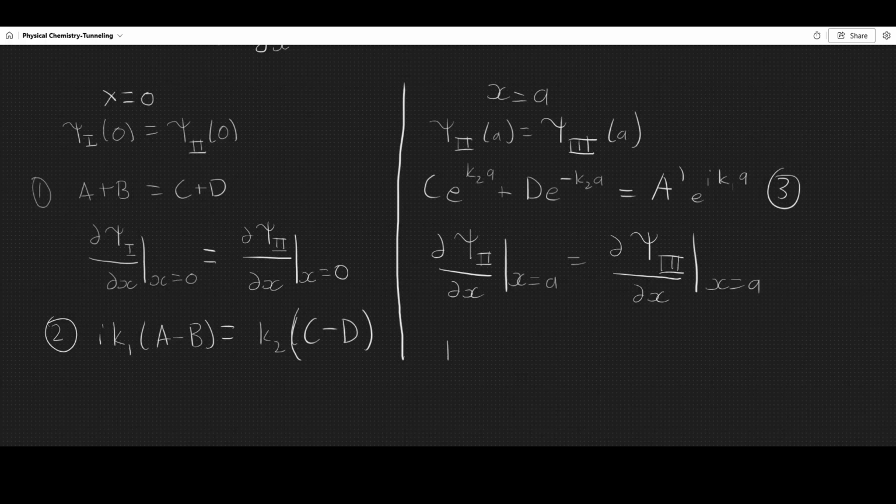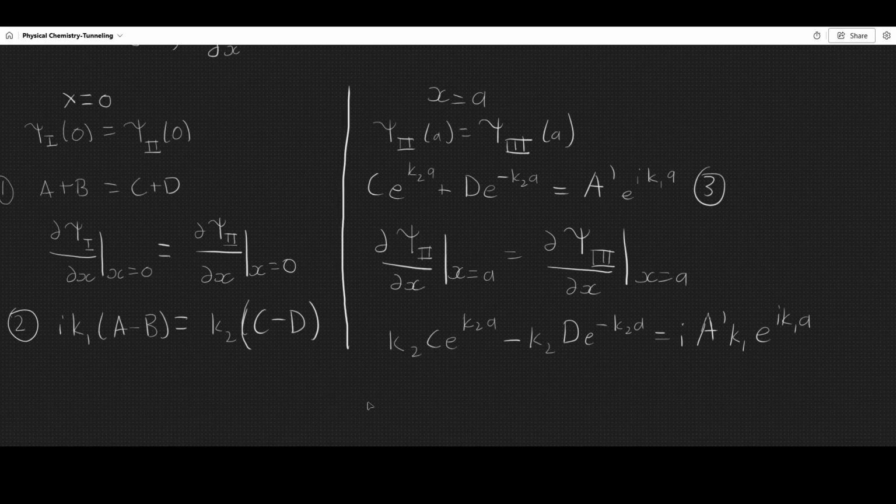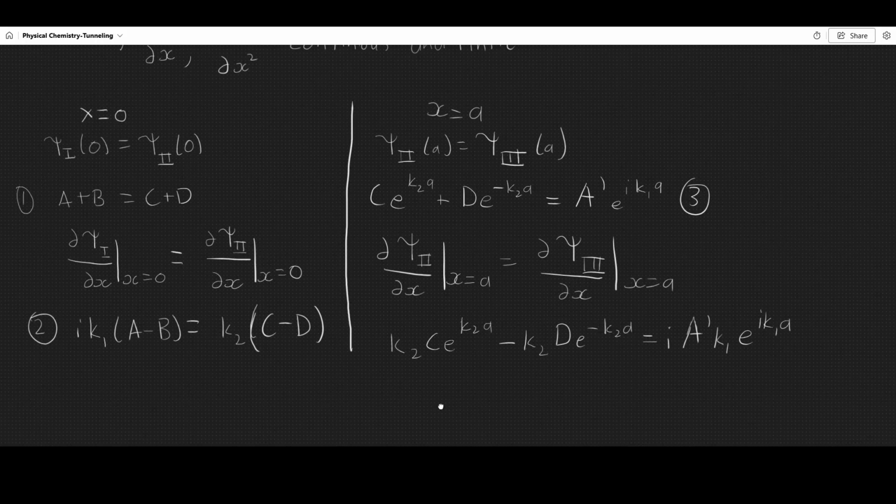Substituting in, we get a very similar equation, and that is going to be our fourth equation.